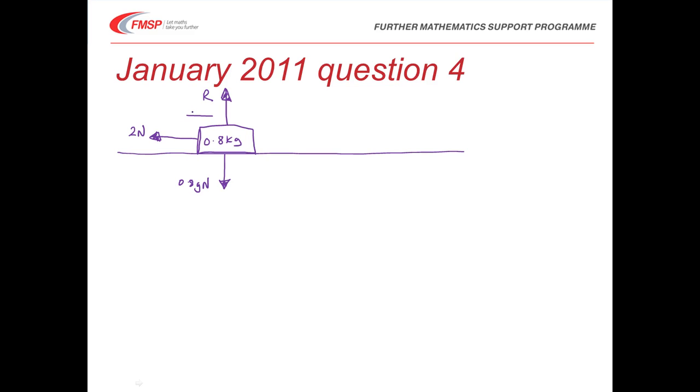And we're told the system is accelerating at 0.2 meters per second squared. Now then, it's dragging behind it this other particle. Just want to exaggerate the angle here. And we have an angle of 10 degrees with the horizontal.